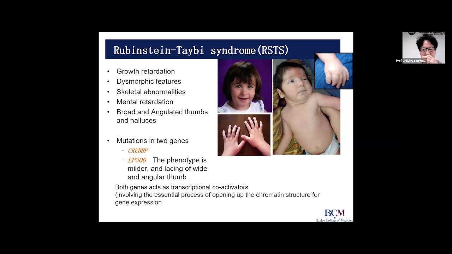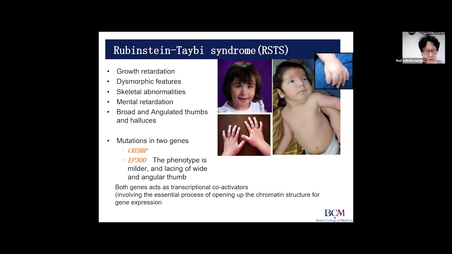On the right side is a typical Rubinstein-Taybi syndrome patient, with the gestalt of the facial features and the thick thumb. They are usually associated with growth retardation, dysmorphic features, skeletal abnormalities, mental retardation, broad and angulated thumbs, and hirsutism. But then they also found that EP300 had similar features, though not as pronounced as Rubinstein-Taybi syndrome.